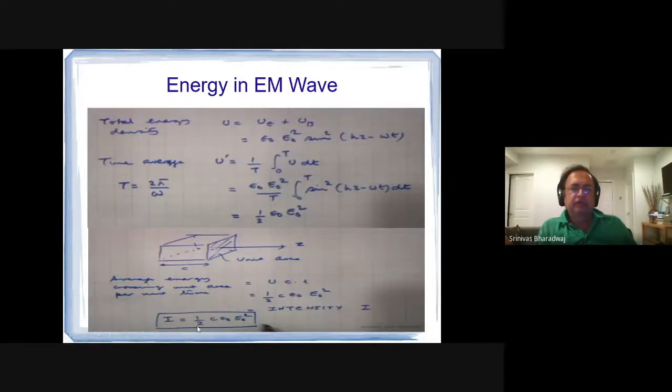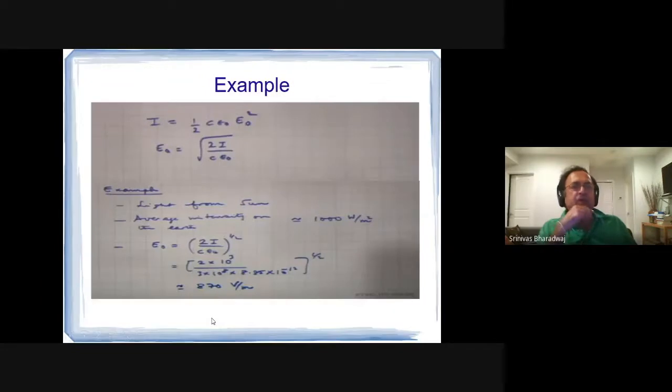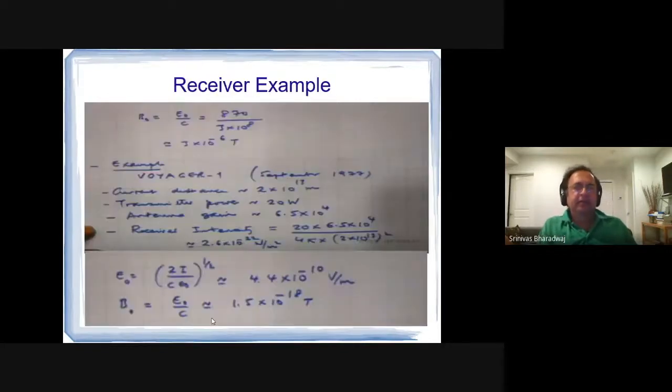So this is U, and you multiply that by c. Okay, so that is the basic idea.